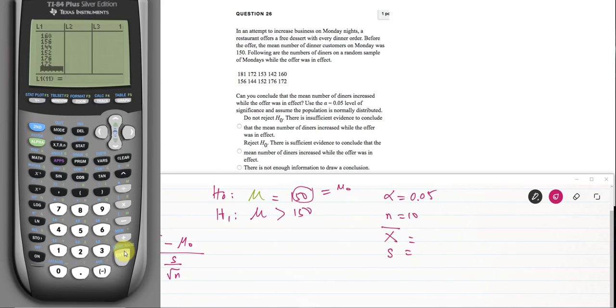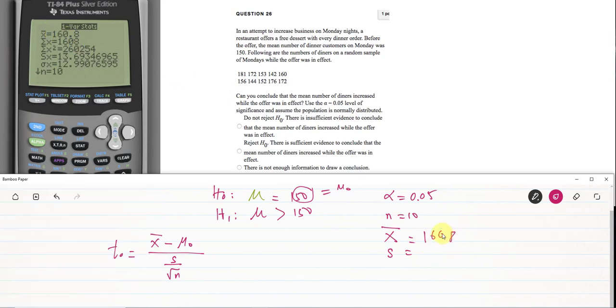Now you're going to go to stat, calc, one-variable statistics, input L1, the list you just entered, and hit calculate. It will give you x bar, 160.8, and your sample standard deviation s, 13.69.